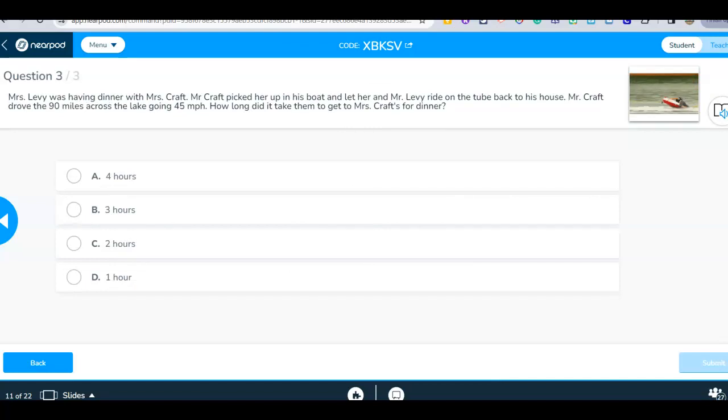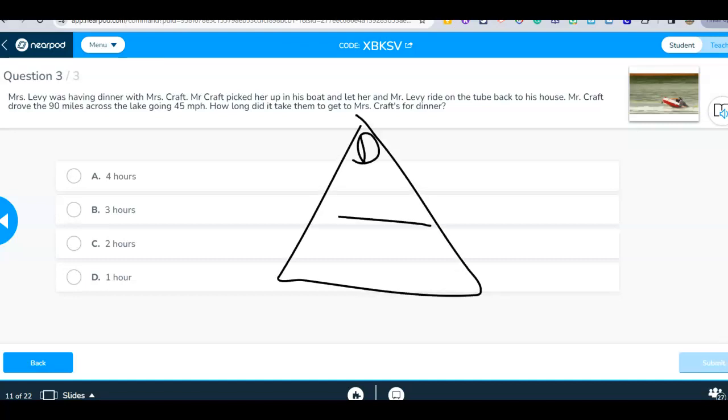Paisley, I'm about to solve this question. What's the first thing I should draw? The DST triangle. Make sure you put the letters where they're supposed to go. D, S, and T. Mrs. Levy's having dinner. He picked her up. Mr. Kraft drove 90 miles.